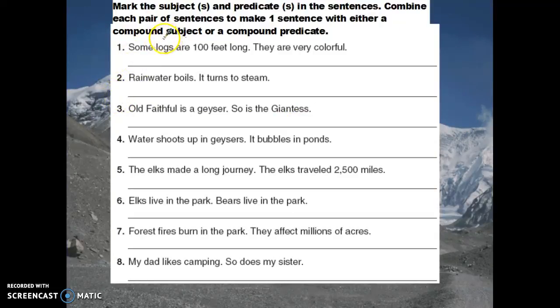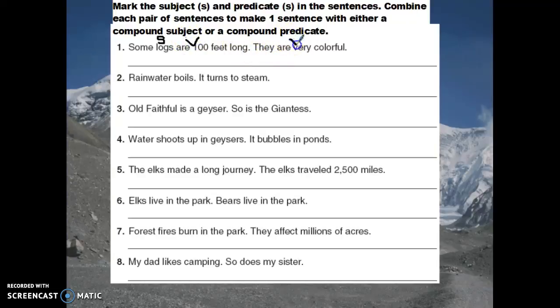So the first part is talking about logs. And in the second part, I see it's talking about the same thing because it says they are very colorful. So I only have one subject, which is logs. Here we're talking about the logs. Then the predicate, there must be two of them because I have to combine them. So this part, are 100 feet long, is my verb.